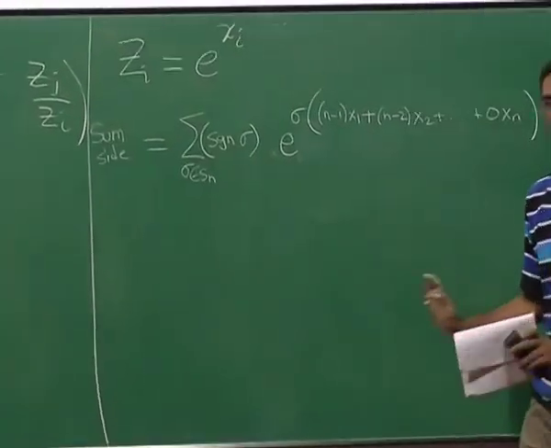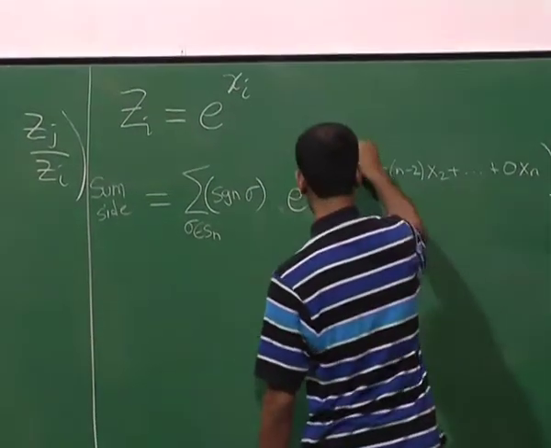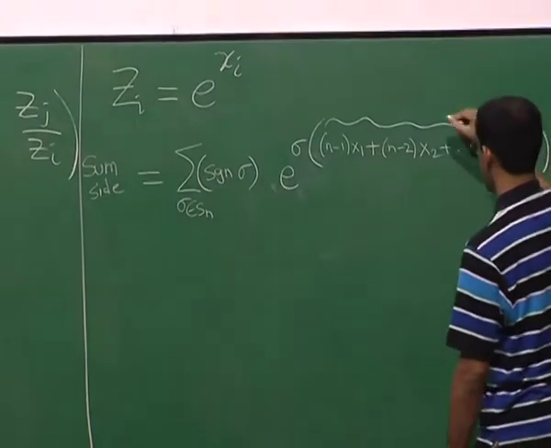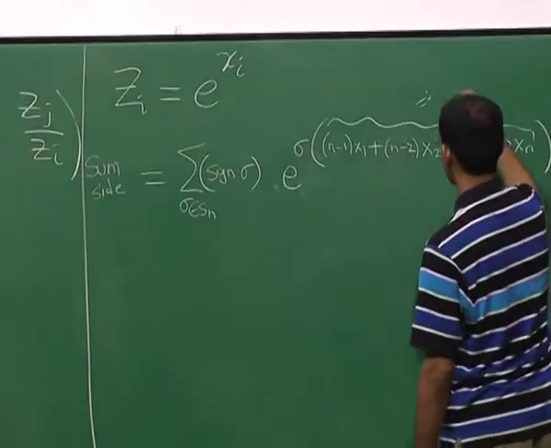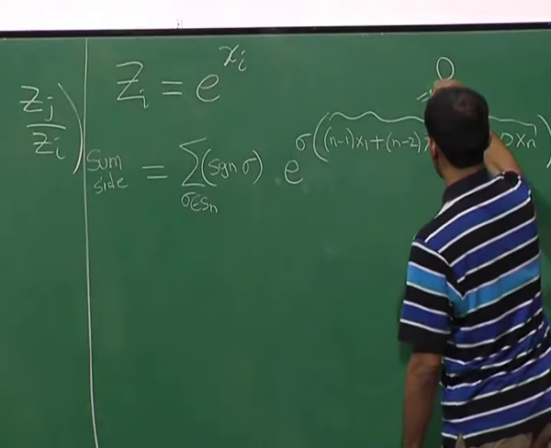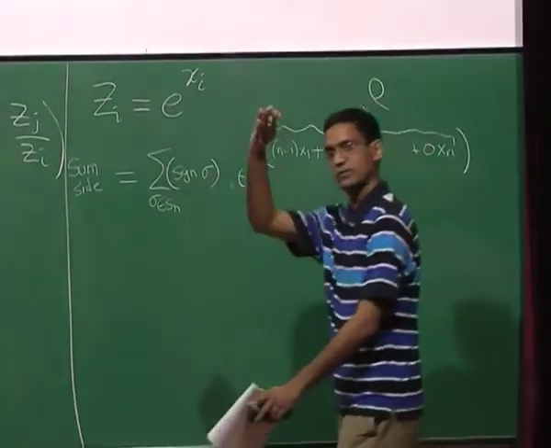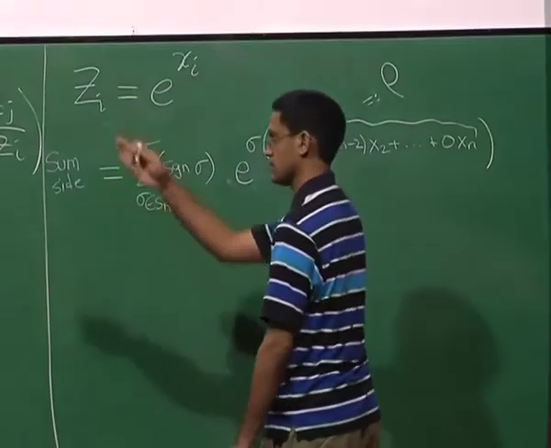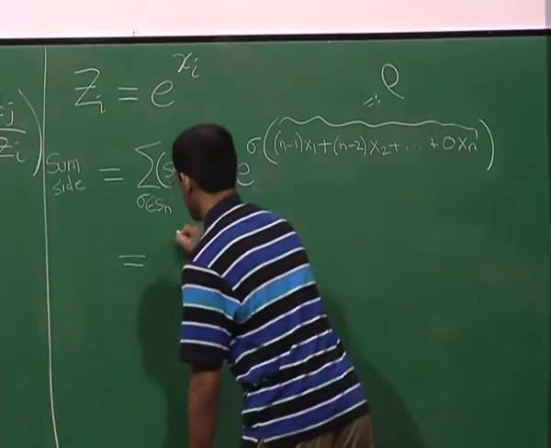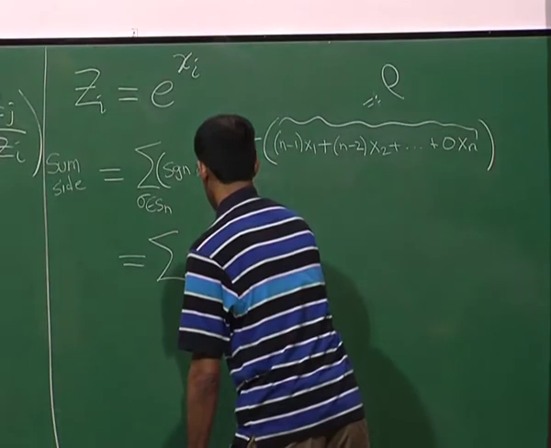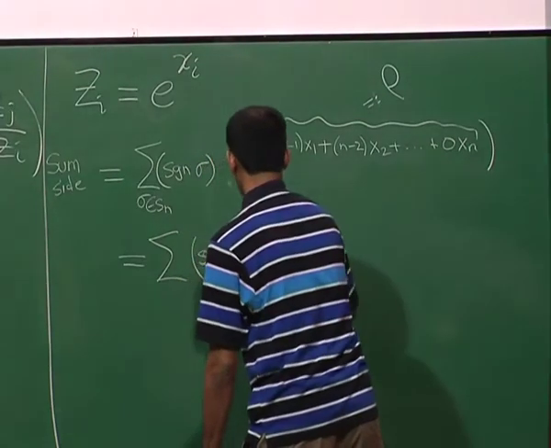So it's e to the sigma acting on this whole thing. I haven't done anything yet, and this particular combination of all the x's, let me call it rho. It's just some number, the thing which comes from the main diagonal. So this is now the summation of sign sigma e to the sigma rho, sigma acting on rho.